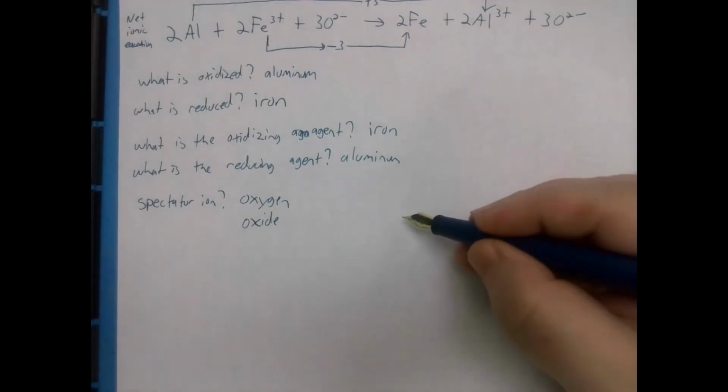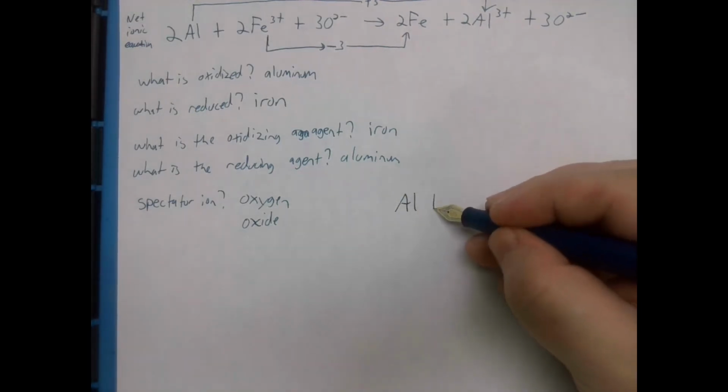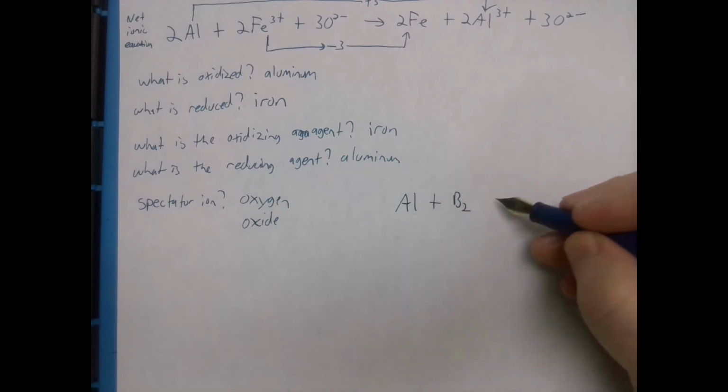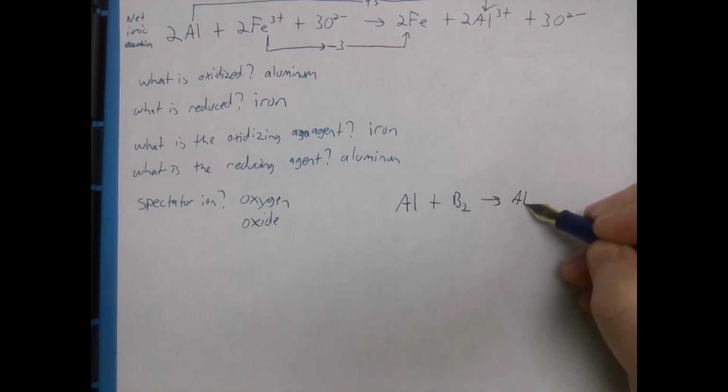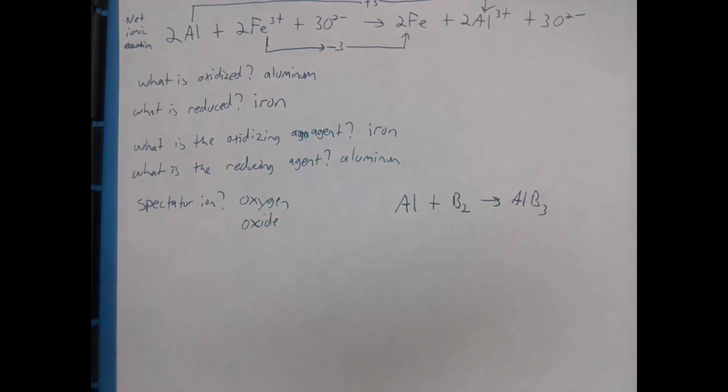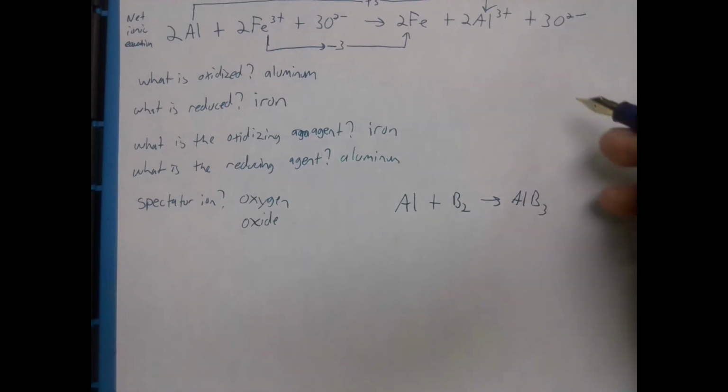So we have aluminum plus bromine 2 makes aluminum bromide. So where would you put the 3? We have one aluminum on the left and one aluminum on the right.